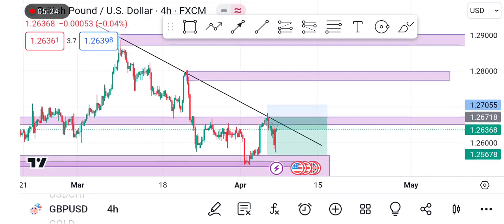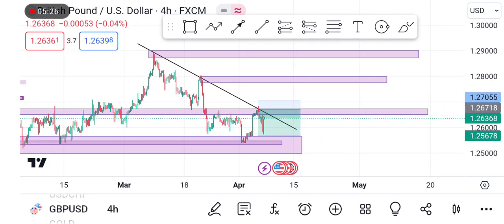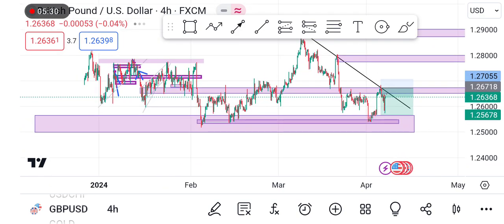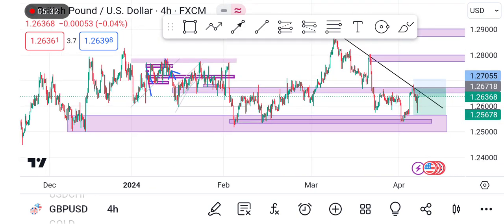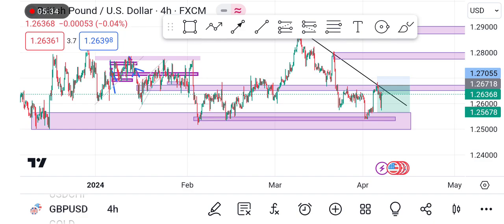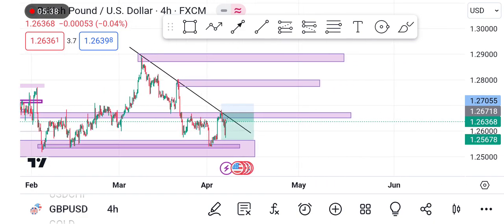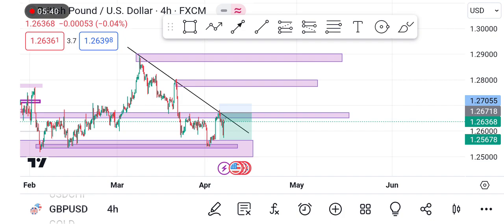Okay, the GBPUSD, also one of my most traded currency pairs, because it's working in my setup too. This is the 4-hour time frame. I love trading the 4-hour time frame because it's easy and nice to work with, and it draws my setup in the 4-hour time frame.